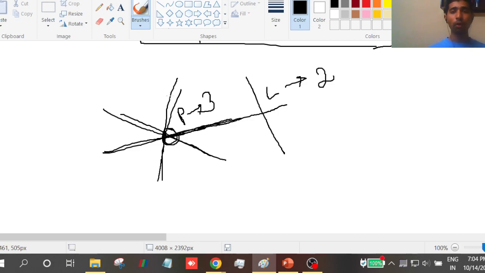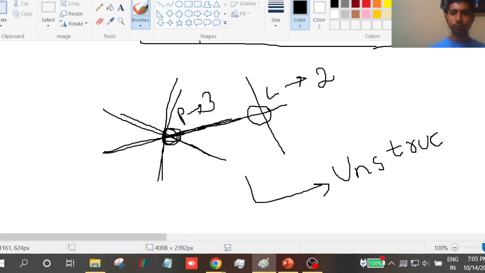So the number of lines intersecting at this point and this point is different, and such a division of domain can be classified as an unstructured grid. So this is the basic meaning. I hope this definition is very clear, because this is very important.